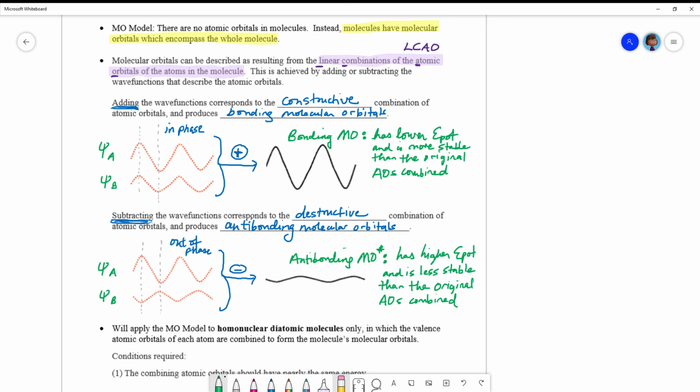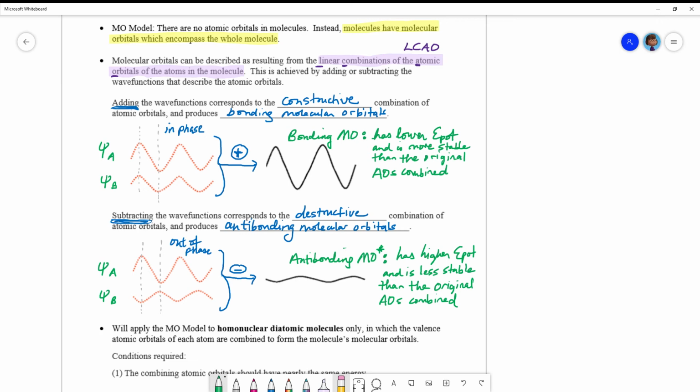So just by using simple wave drawings, very simple two-dimensional waves, we can see the difference between combining those waves together in phase, constructive interference, versus combining them out of phase, which is destructive interference.